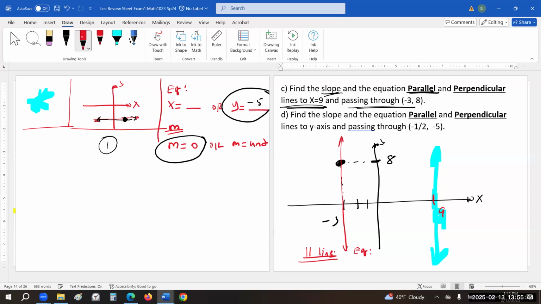What is the equation of this line? X equals -3. And what is the slope of any vertical line? Undefined. So the option you're going to pick is x equals -3, and your slope is undefined.